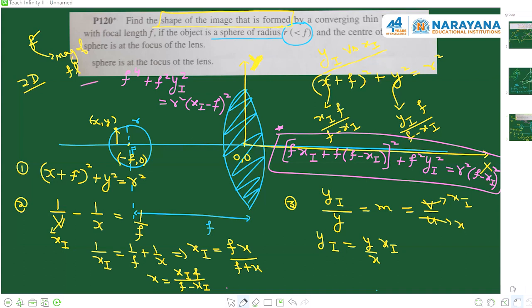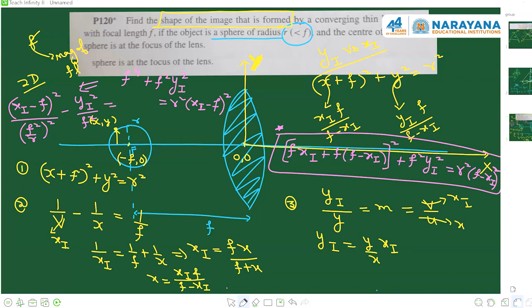Actually, it comes out to be a hyperbola. So I'm just dividing everything by f to the power 4, and I'm getting the final equation: xi minus f, the whole square, upon f square by r, the whole square, minus yi square by f square, right?